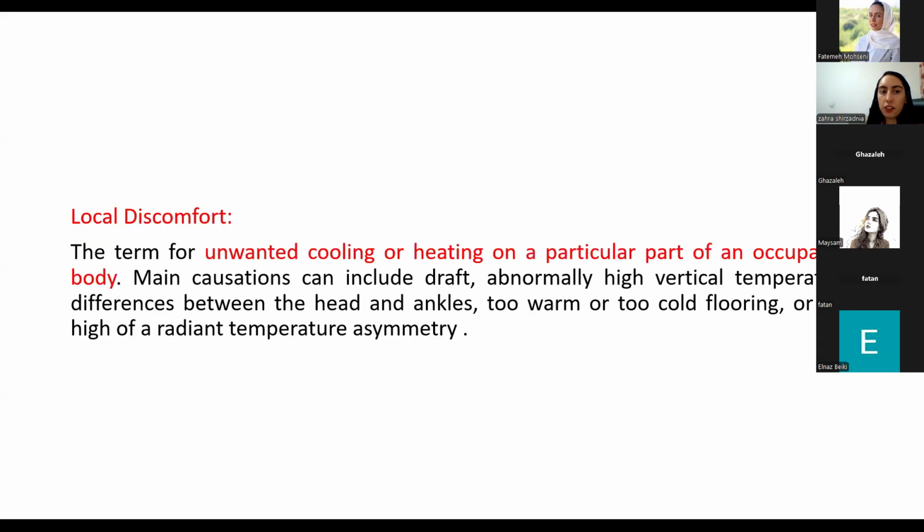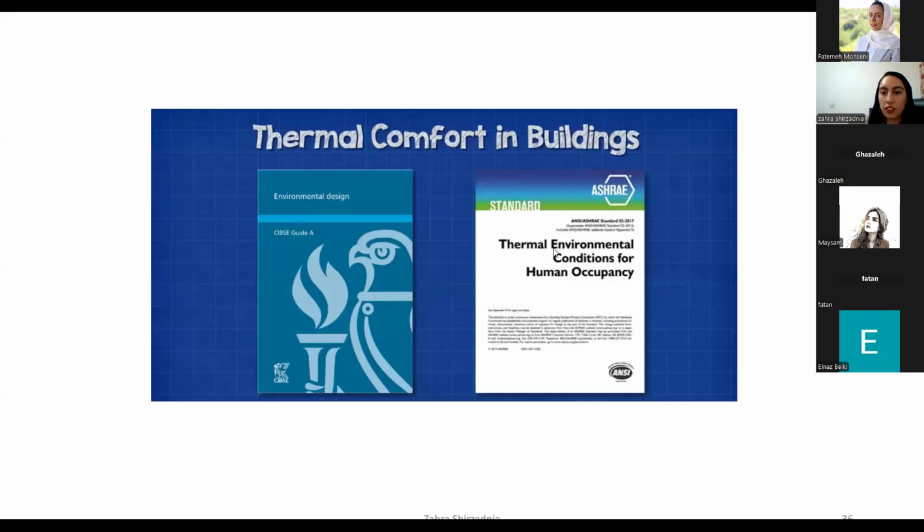Then local discomfort is the term for unwanted cooling or heating on a particular part of an occupant's body. Main conditions can include draft, abnormally high vertical temperature differences between the hip and ankles, too warm or too cold flooring, or too high radiant temperature asymmetry. And this is related to thermal comfort.